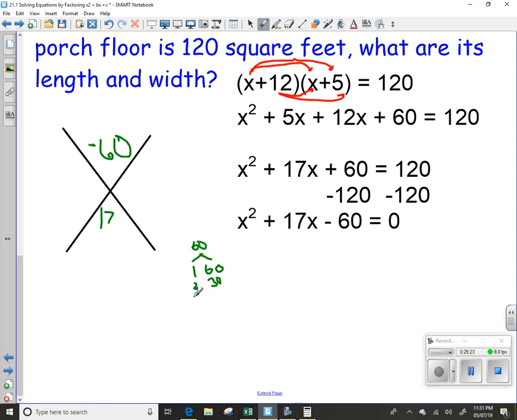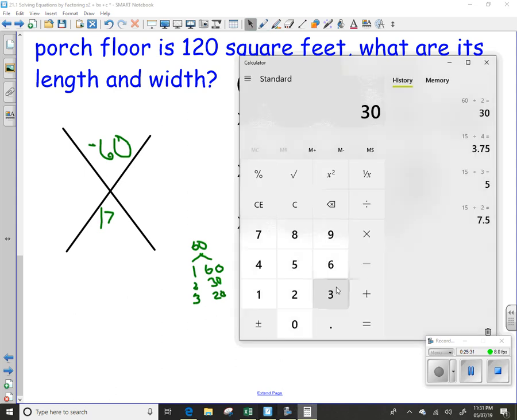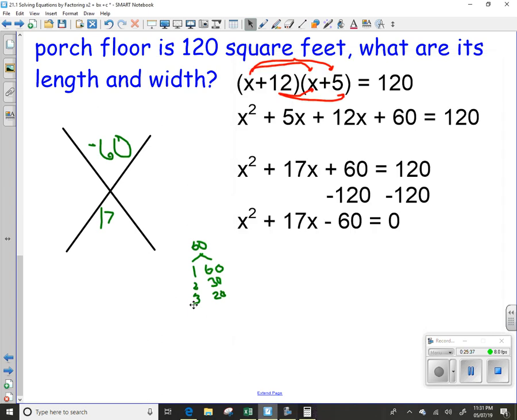Now try 3. If I did 60 divided by 3, again using that calculator, you would actually get it to be 20. So now try 60 divided by 4. Well, 4 goes in evenly, it's 15. So now I have on my list 4 and 15.